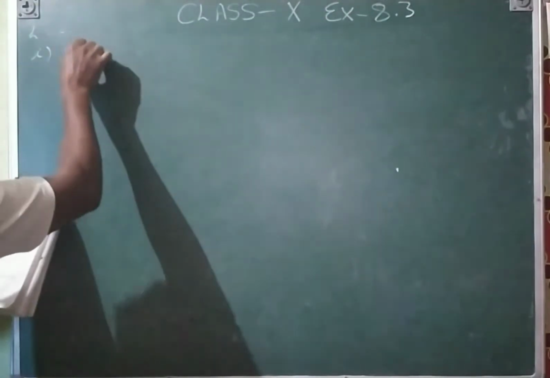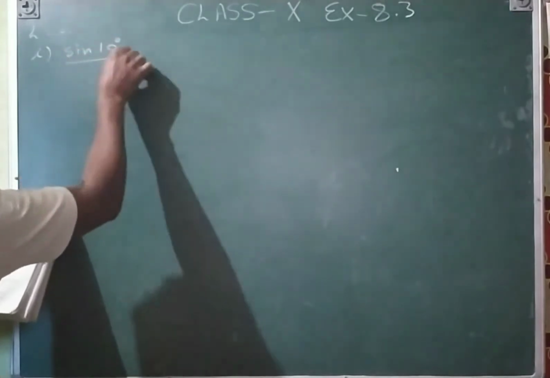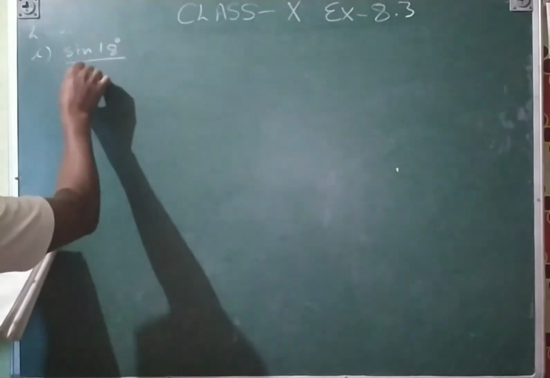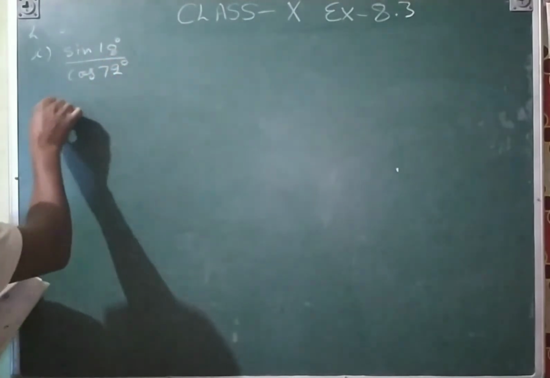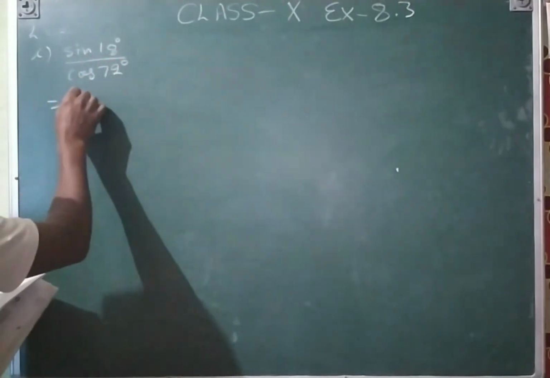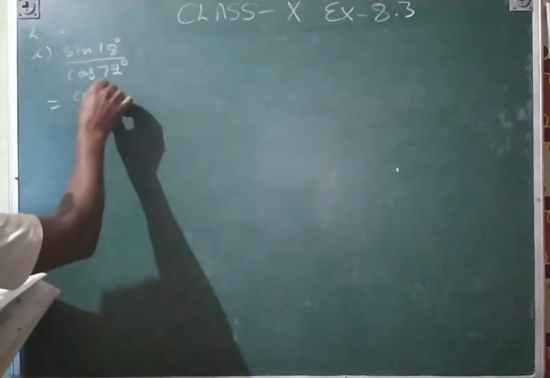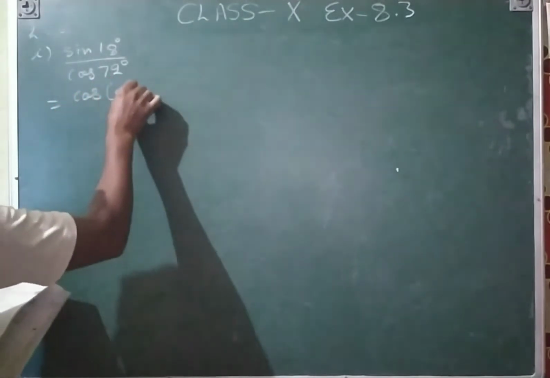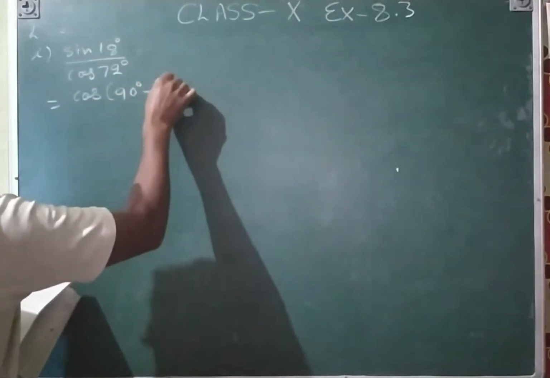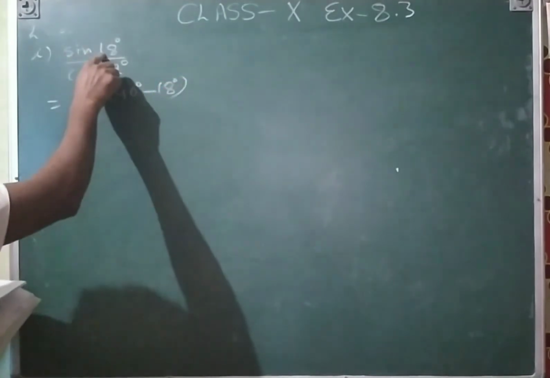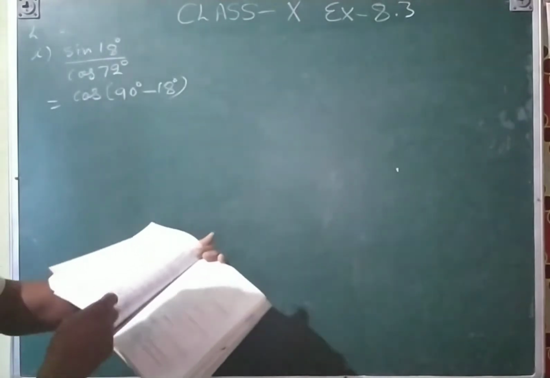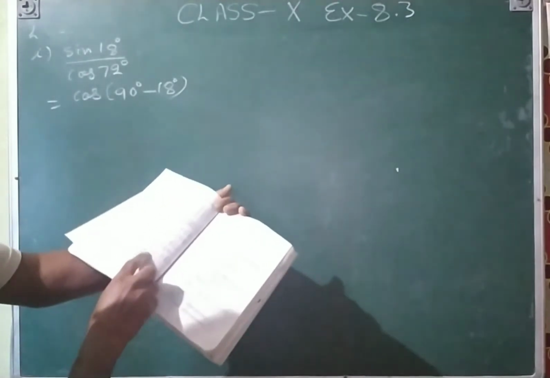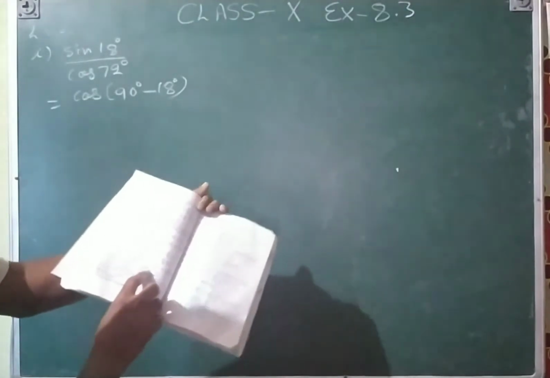Sine 18 degree upon cos 72 degree. Sine 18 we can write as cos (90 degree minus 18 degree), because sine A is equal to cos (90 minus A), as given in the question.